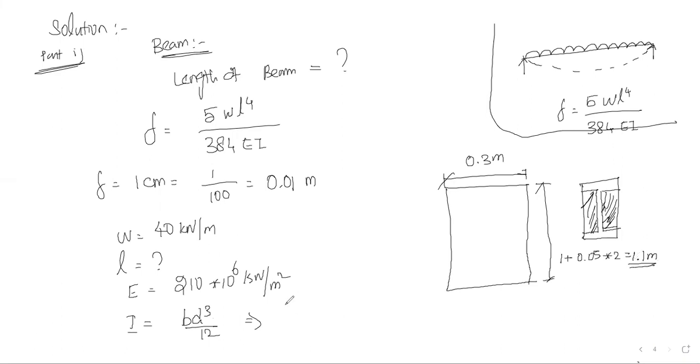So now I am going to take the breadth as 0.3 and the depth as 1.1. So b d cube divided by 12 minus, this is not a simple one section, here it is an I section. So here one rectangular portion we have to remove, and here we have to remove another rectangular section.